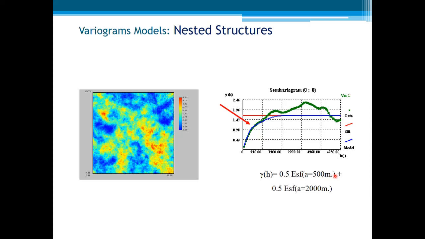Sometimes when we notice an inflection of the experimental variogram behavior like this one, this can also be modeled by a sum of structures, called nested structure here. Look at this example.